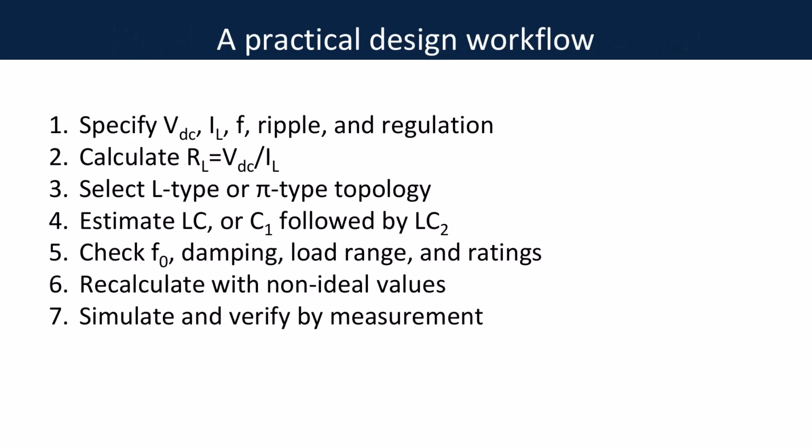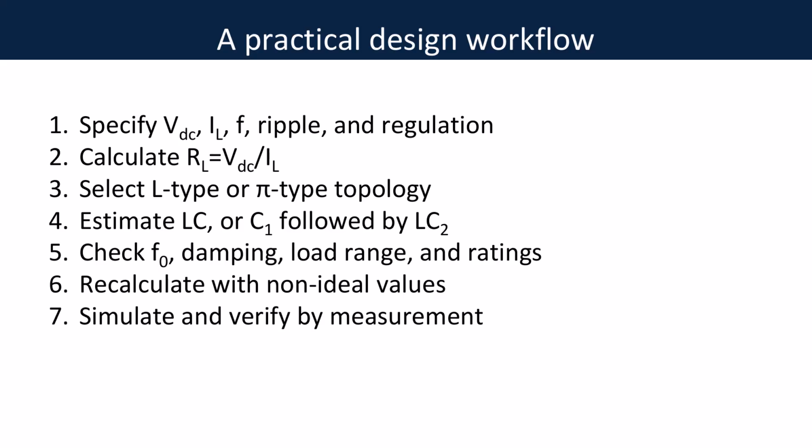A reliable design process begins with output voltage, load current, frequency, permitted ripple, regulation, and transient requirements. Calculate the equivalent load resistance. Choose the topology according to whether regulation and moderate rectifier current, or higher DC voltage and lower ripple, has priority.